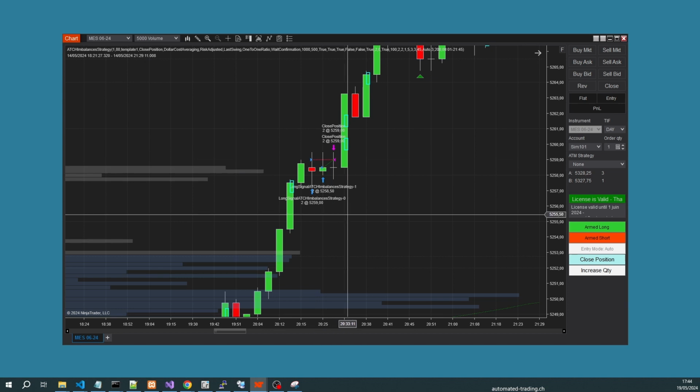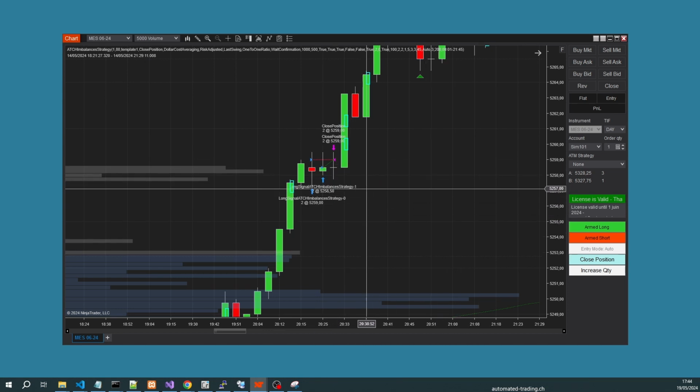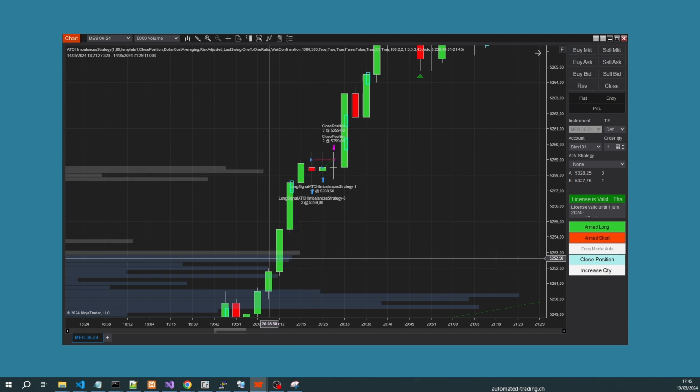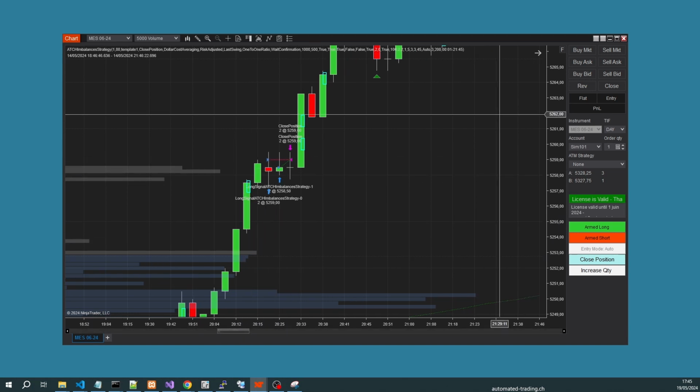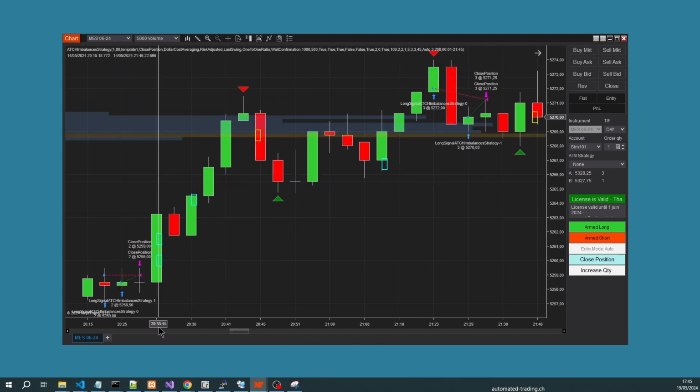Each time you have a green bar that closes below the entry price, we increase the position and we set the break even to be the new average price of the position. And we close the position when we have at least two orders in this composite position.